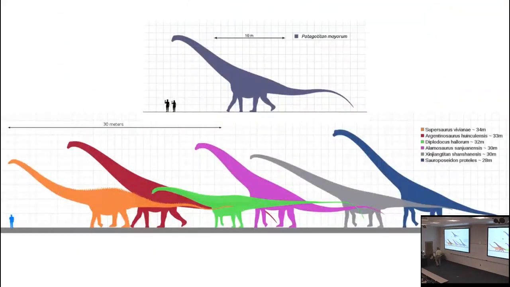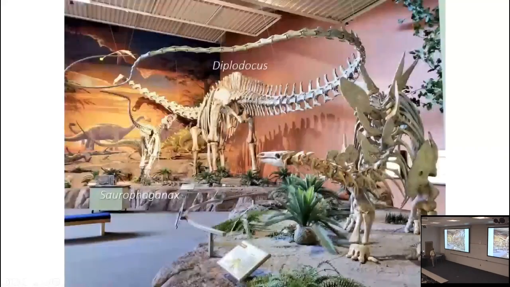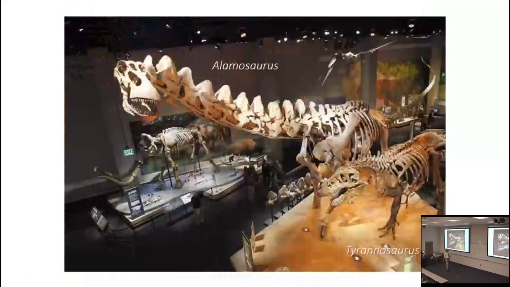So you're getting the point. Some dinosaurs were big. In fact, lots of dinosaurs were big. Here's a single metacarpal of Brachiosaurus, and the scientist here has drawn over his hand a metacarpal for scale. So, yeah, they're big, you know that. Diplodocus, it's huge. Saurophaganax, pretty big. Alamosaurus, big, dwarfing Tyrannosaurus there.